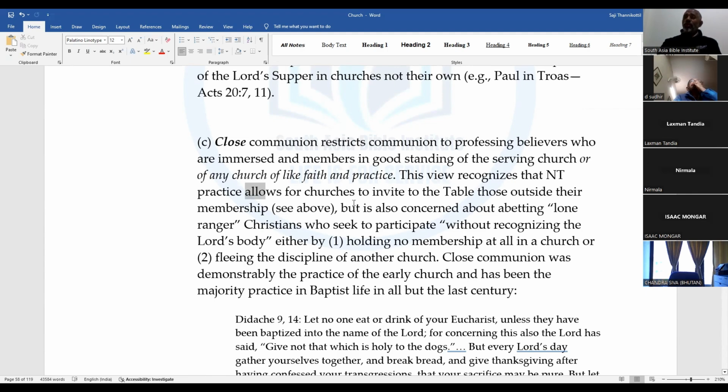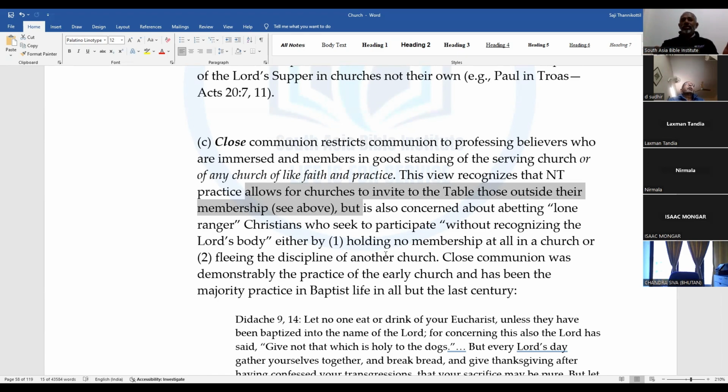Right? So close communion, what does it do? If a guest comes, they say, yes, you can participate in the table if you are born again, if you are immersed, if you are in a good local church, a Bible-preaching local church, if you have a good life, yes, you are welcome.